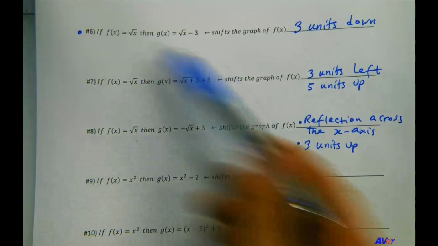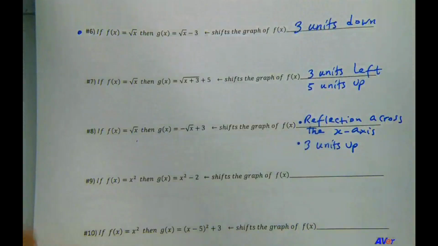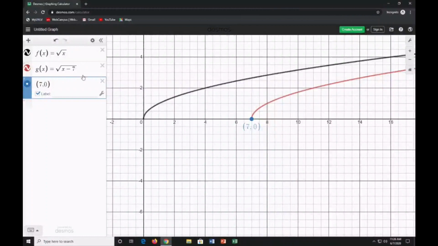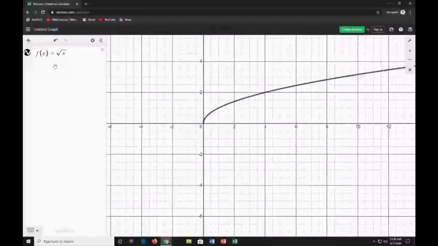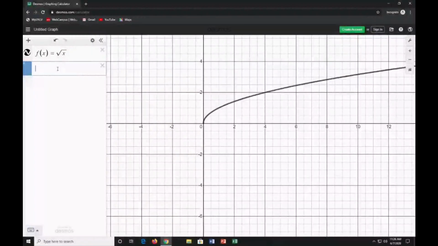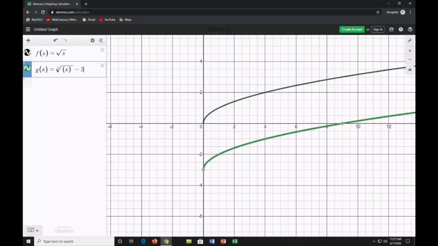We're going to plot 6, 7, and 8. So here, this is the original square root function. This is how the graph looks. Now, number 6 was square root of x minus 3.